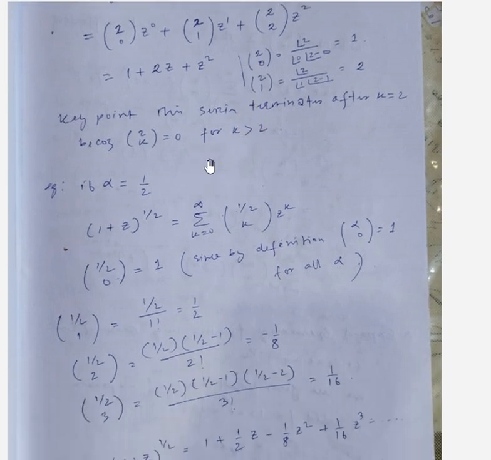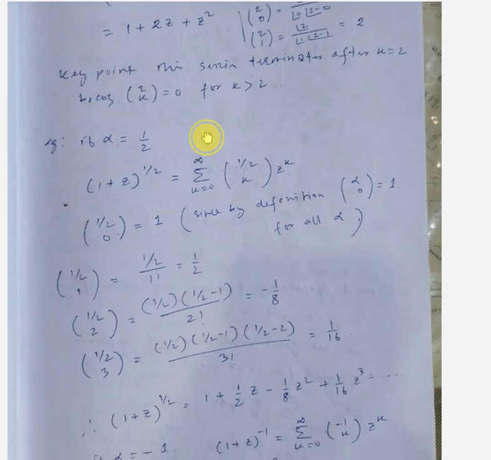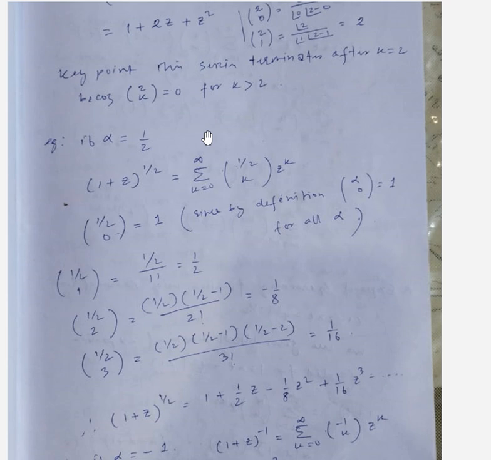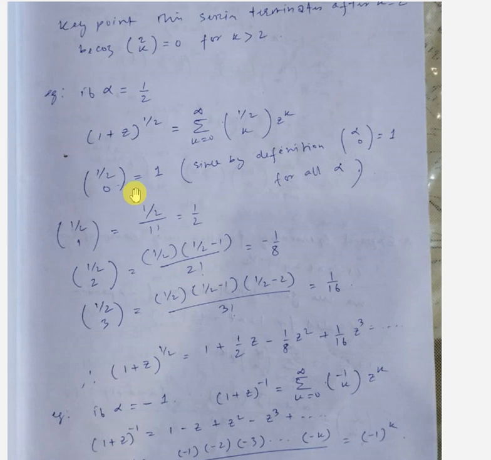Next key point, this series terminates after k equals 2, because the combination term will be 0. Now if alpha is equal to half, then we'll see what happens. Half choose 0 is 1, because by definition alpha choose 0 is 1 for any value of alpha.